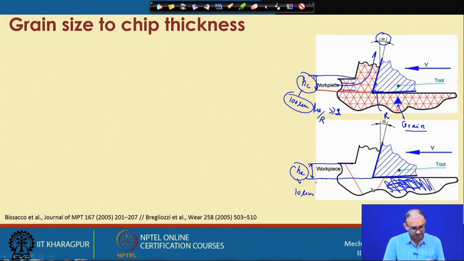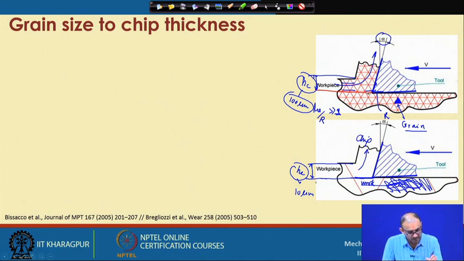So, in this particular case, your tool is going to cut the grain. Part of this grain will come off as a chip, and the rest becomes the workpiece, because it is going below the cutting tool. The energy we have to spend for cutting this material will be very high, because you have to cut the grain.